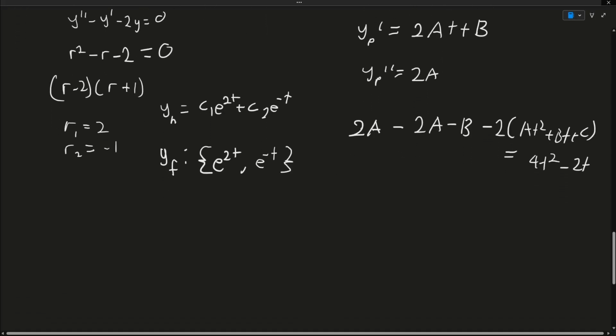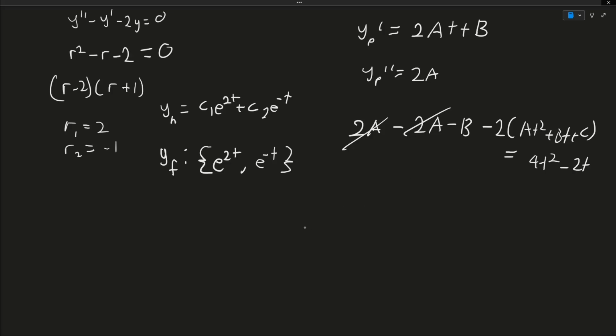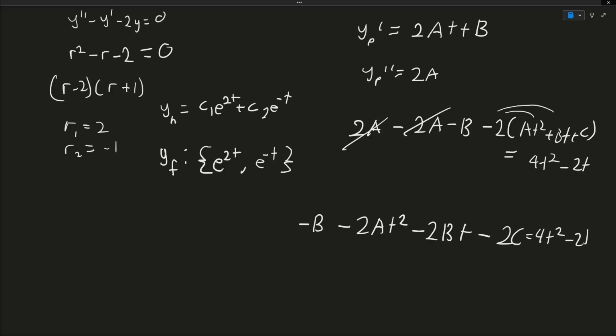Nice. And these two a's are gonna be cancelled out, so we will have negative b. Let's distribute this. Minus 2at squared minus 2bt minus 2c equals 4t squared minus 2t.